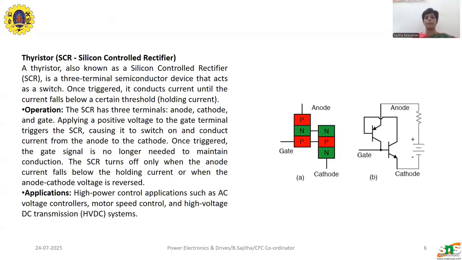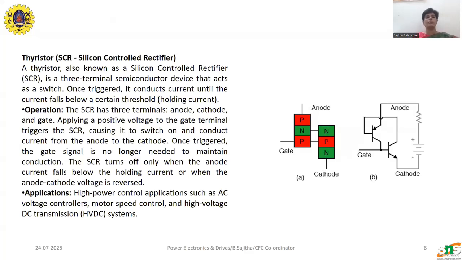An NPN and a PNP transistor are connected back to back, where the two N terminals are connected together and the two P terminals are connected together. All put together, there are three terminals: anode, gate, and cathode.